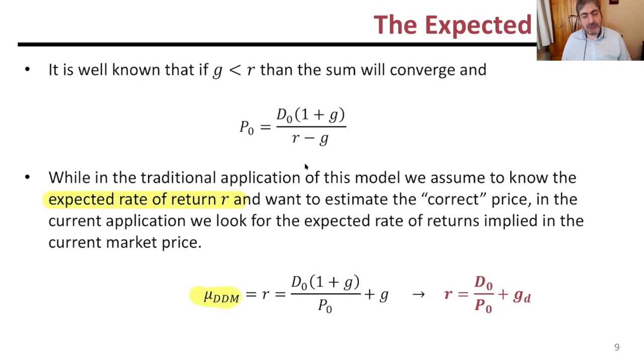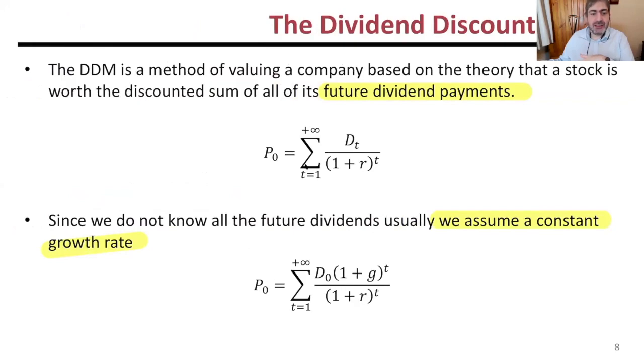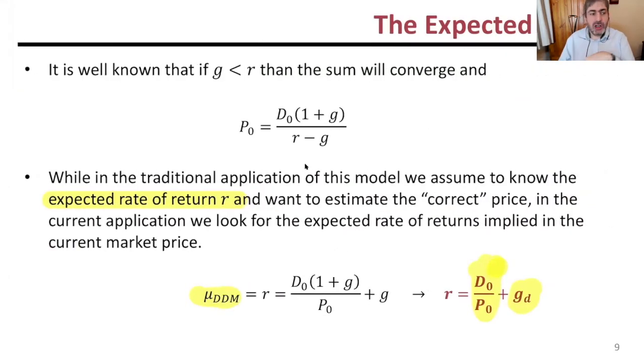So the expected return according to the DDM methodology is dividend to price plus growth rate of dividend. Okay, so mathematically it makes a lot of sense, it is incredibly easy, and it just comes from a simple bit of algebra starting from the very basic dividend discount model. Okay. So dividend yield plus growth rate of dividend.